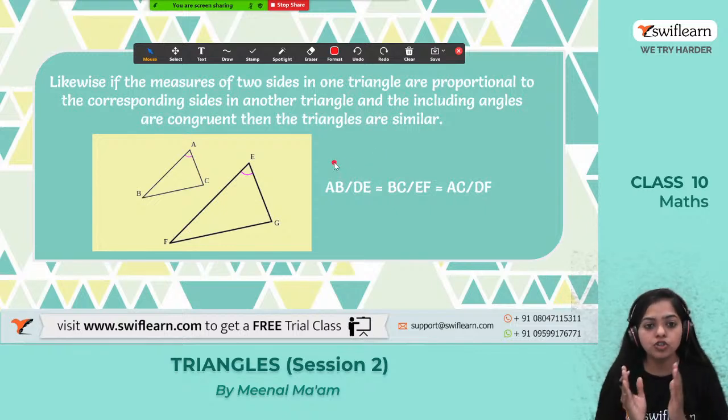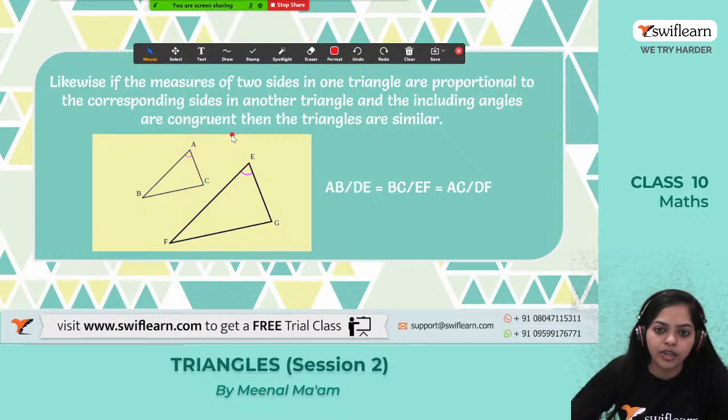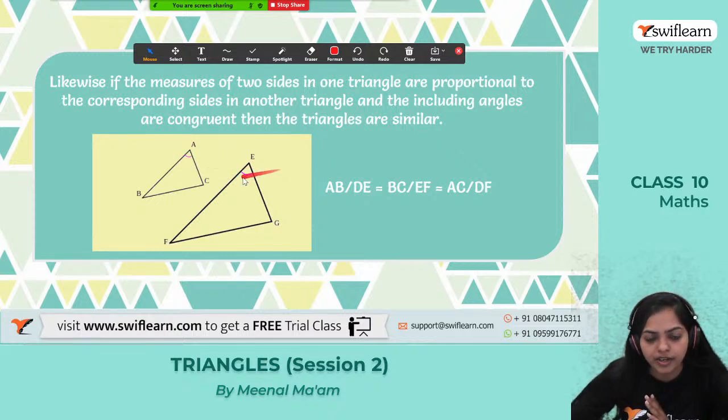Okay, so this is also one of the conditions for the similarity of triangles. Once again I will explain. Two sides in one triangle are proportional and the angle in between those two sides is congruent, so those two triangles are similar.